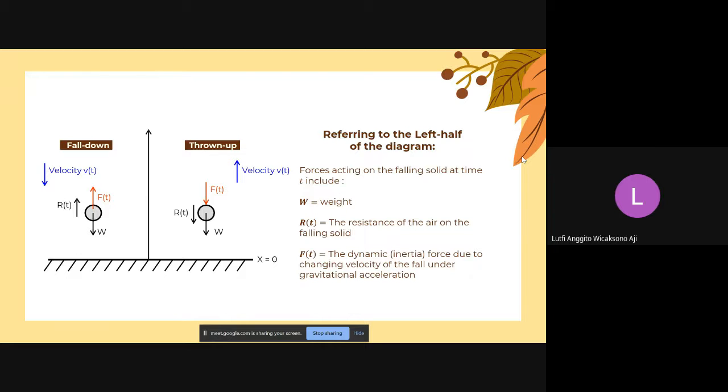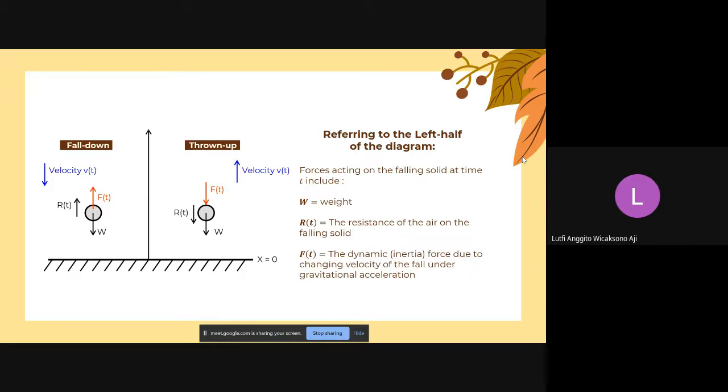For the derivation of the math expression for a free fall solid, from the figure we can see that the ball has a force that is the weight, symbolized by W. There is RT, the resistance of the air on the falling solid, and Ft, the dynamic or inertia force, due to the changing velocity of the fall under gravitational acceleration.